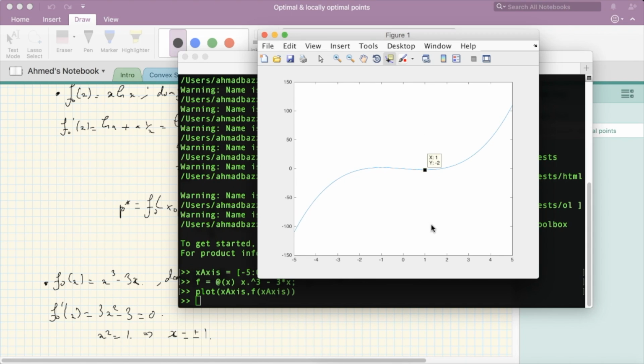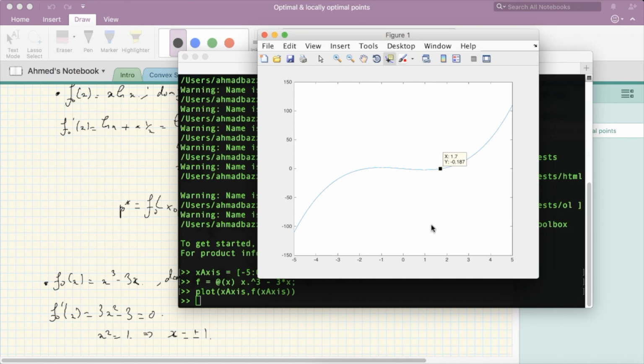If I'm wiggling around 1, I'm better than my neighbors. So this point, x equal to 1, is doing better than those sufficiently to the left and sufficiently to the right.